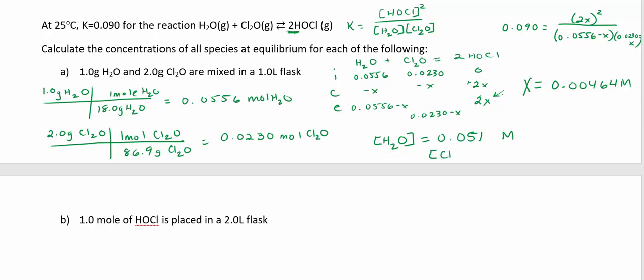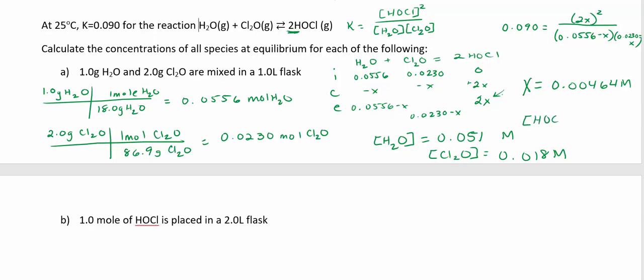And the concentration of my dichloromonoxide is going to be equal to 0.023 minus 0.00464. So I get a concentration of 0.018 capital M molar.